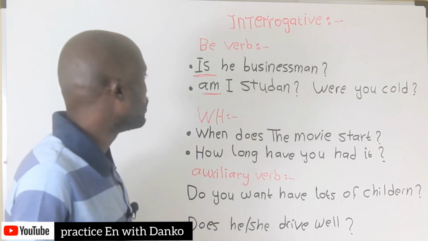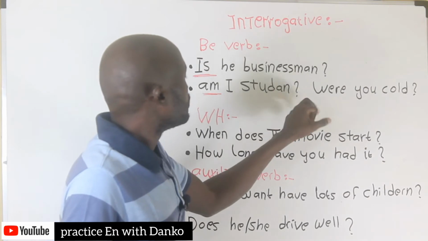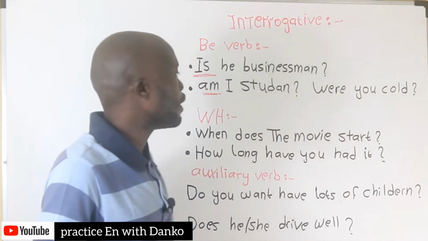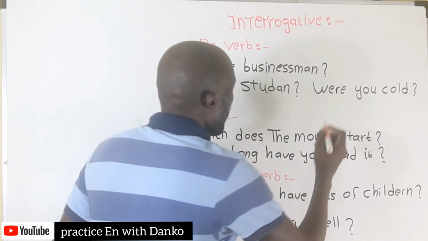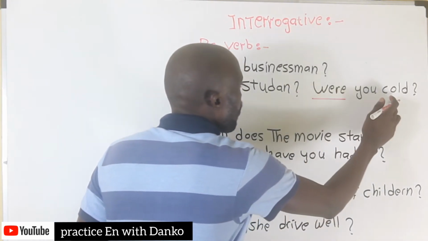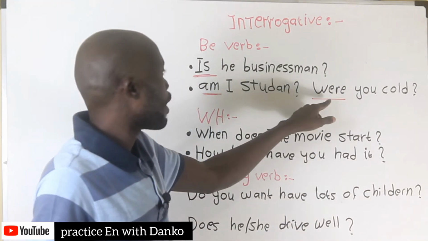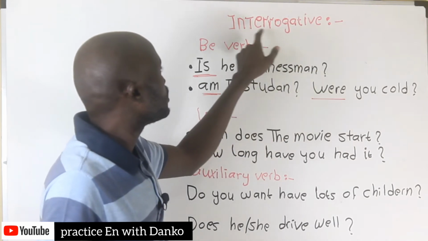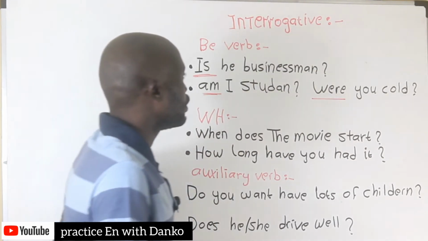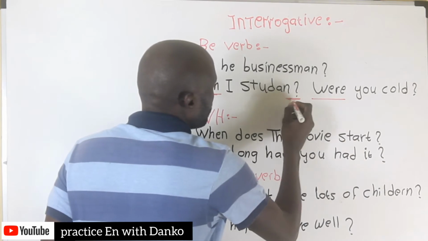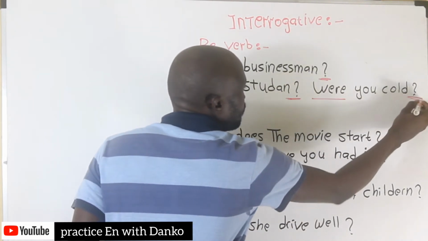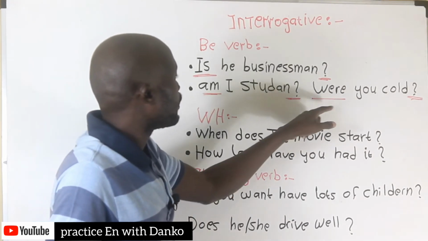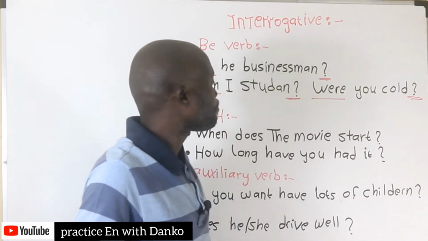Okay, good. Number three, where you could. So here, we use were you could. Were is a be verb in interrogative form, because we always put the interrogative form at the front of the sentence. Could, were you could.